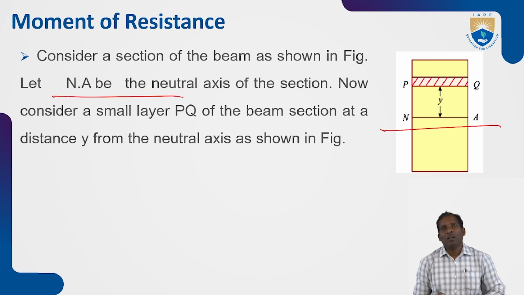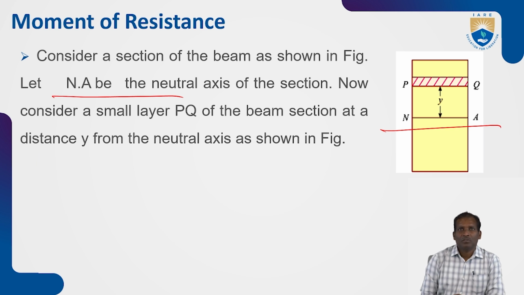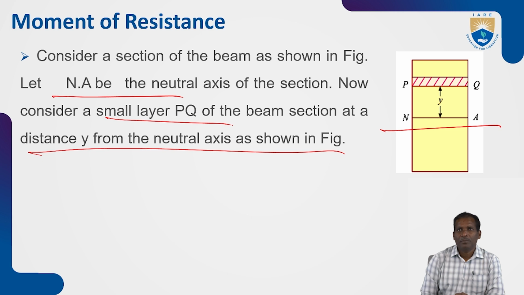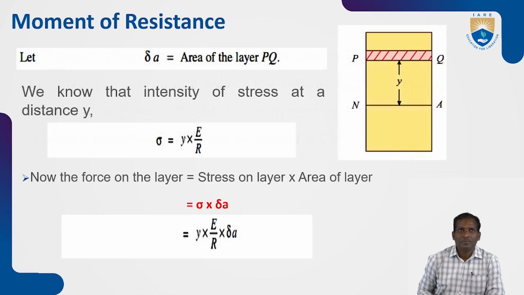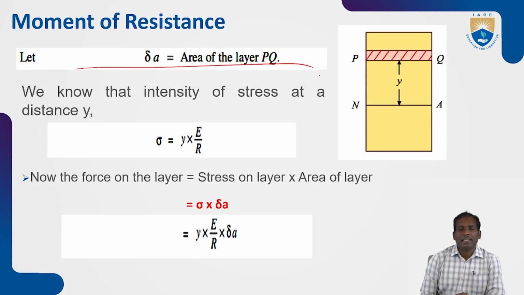Now consider a small layer PQ of the beam section at a distance y from the neutral axis, as shown in the figure. Let delta A be the area of the layer PQ.